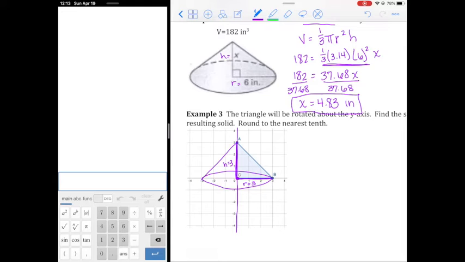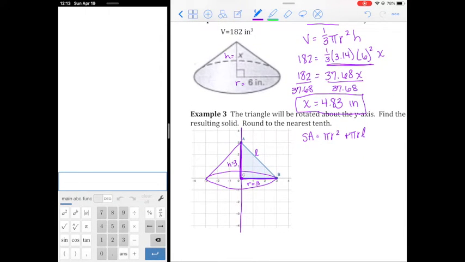If we're looking at our surface area, that's going to be pi r squared plus pi r L, and I don't have L yet. L is this slant height. To find L, I need to plug in my height and my radius into the Pythagorean theorem. That'll be 3 squared plus 3 squared equals L squared.